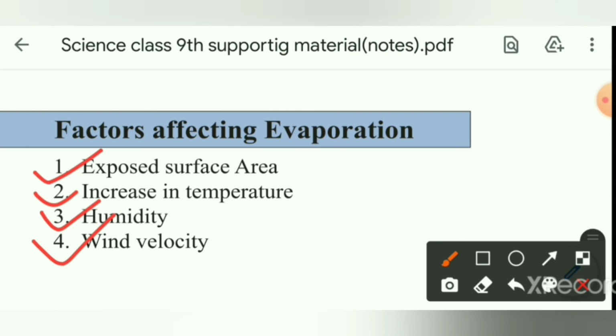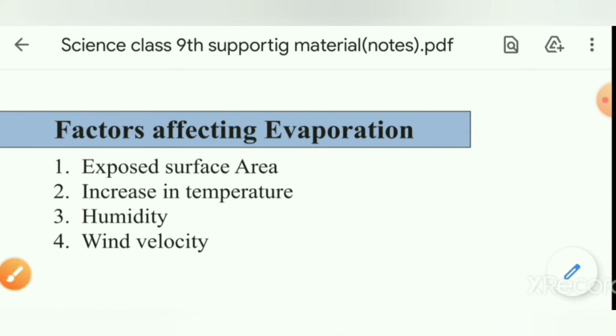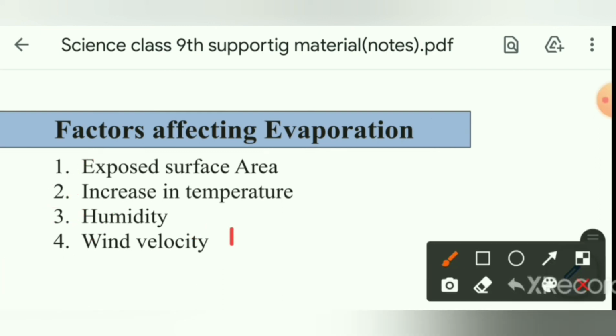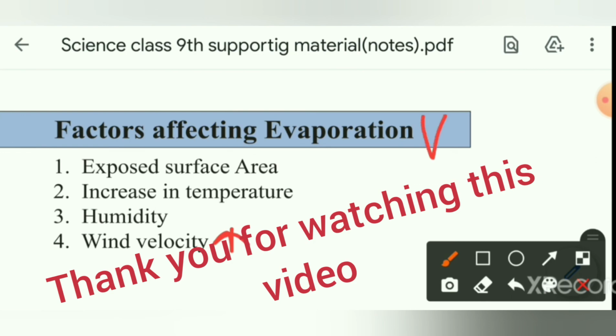If humidity decreases, evaporation increases. If we increase the humidity, then evaporation decreases. Then wind velocity: if we increase the wind velocity, evaporation also increases.